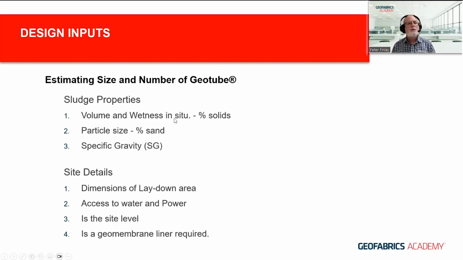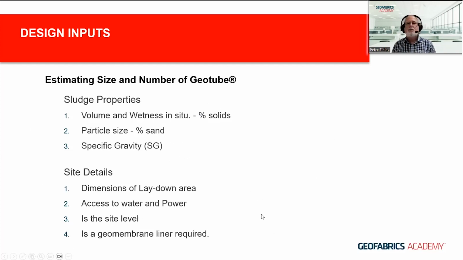And we need to know the sludge properties, which is your volume, how much sludge you've got in situ that you're wanting to process into the geotube. Particle size, is there a percentage of sand going in there? We need to know the specific gravity and relate that to relative density.